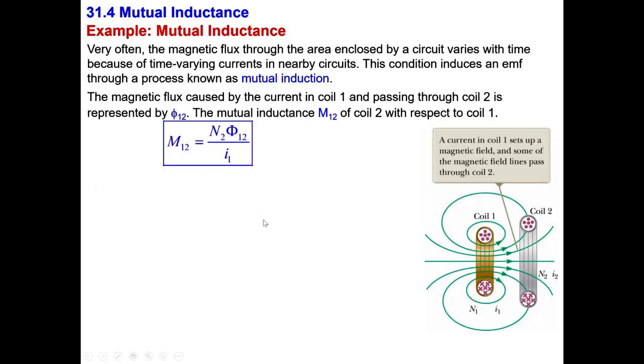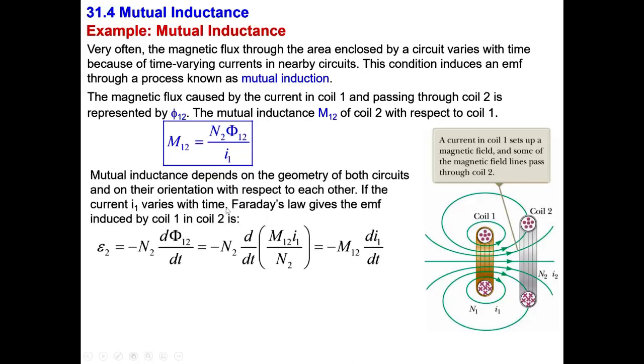Now, I can determine the induced EMF. We said the induced EMF is minus L di/dt, but in this case, instead of L, we replace L by M. So it's equal to minus M di/dt. This is now the EMF induced in coil 2.